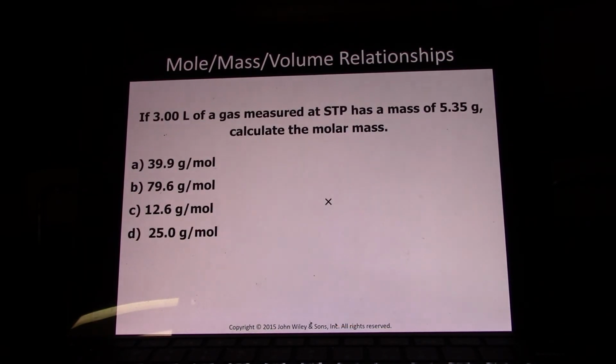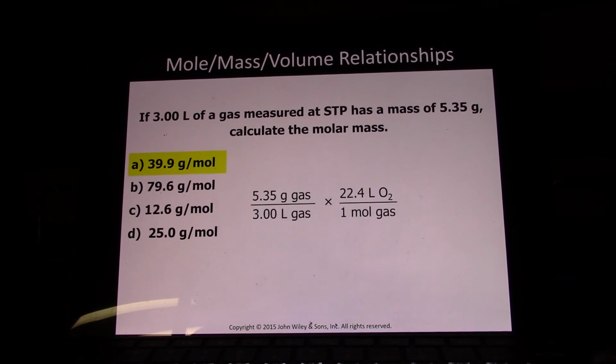If 3 liters of a gas measured at STP has a mass of 5.35 grams, calculate the molar mass. Again, density times molar volume. 5.35 grams divided by 3 liters times 22.4 liters per mole gives us 39.9 grams per mole.